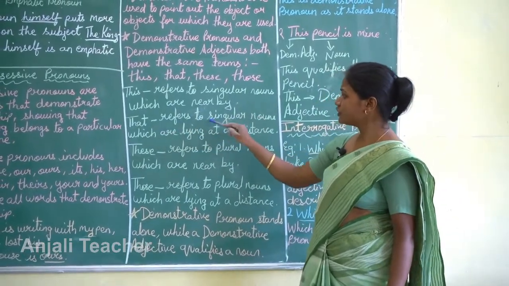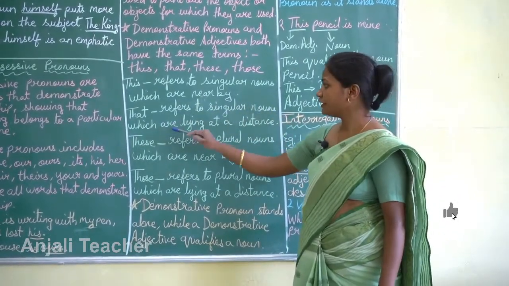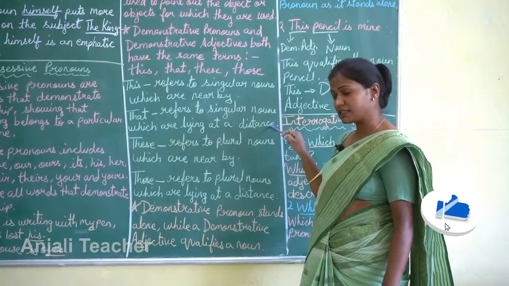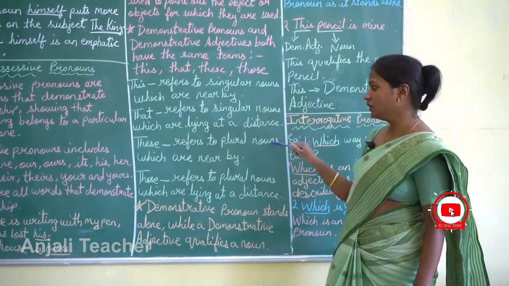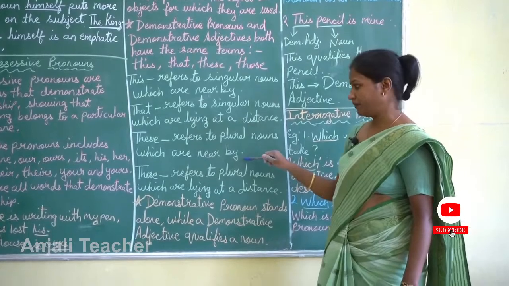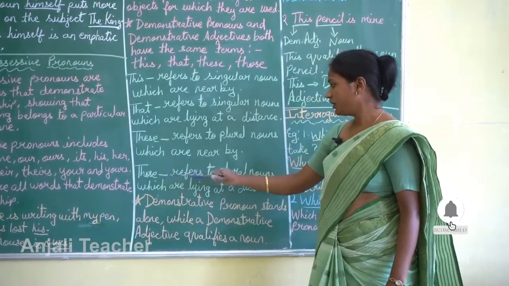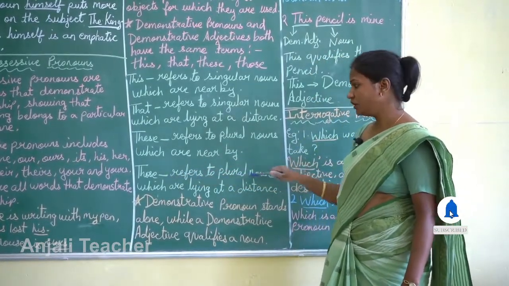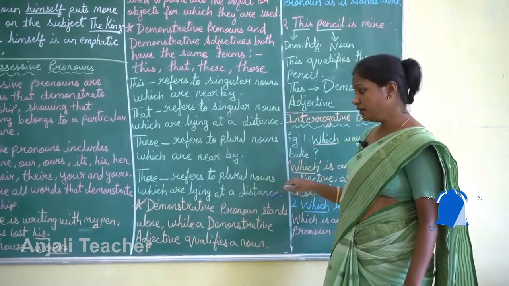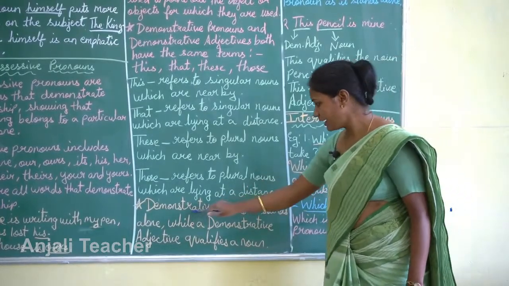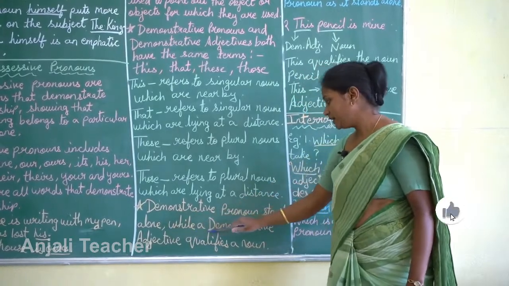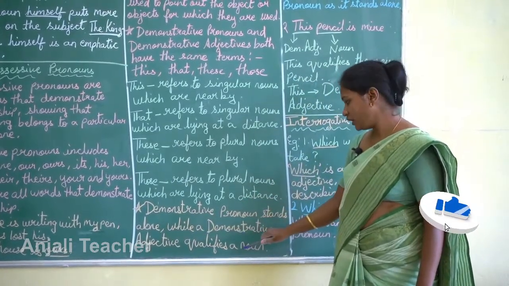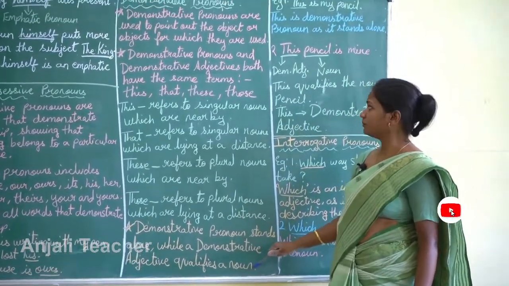That refers to singular nouns which are lying at a distance. These refers to plural nouns which are nearby. Those refers to plural nouns which are lying at a distance. A demonstrative pronoun stands alone while a demonstrative adjective qualifies a noun.